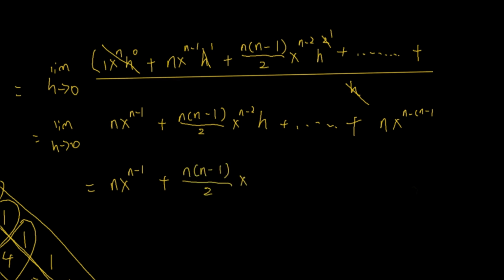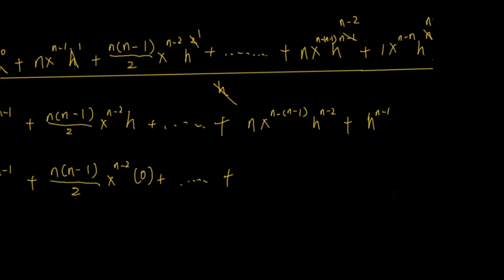So n times x to the power of n minus 2 times 0, plus n times x to the power of n minus 1 times 0 to the power of n minus 2, plus now put 0 into h to the power of n minus 1.